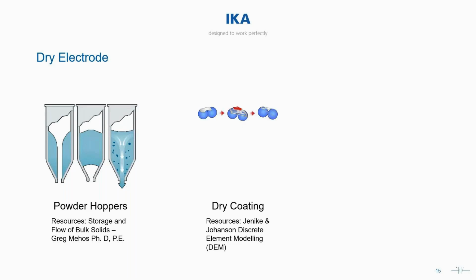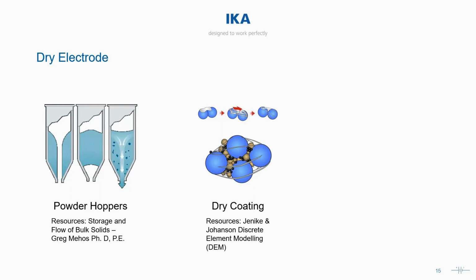Another challenge with our dry electrode material is the actual depositing of the dry material onto your metal electrode. This process can be called calendaring, can be called lamination, whatever you call it. This is the actual process of depositing your solid material onto that metal.